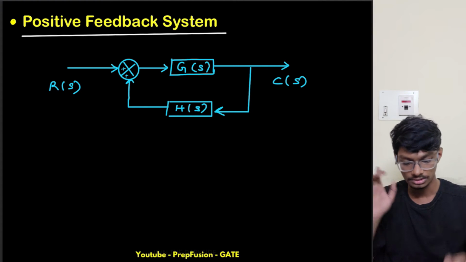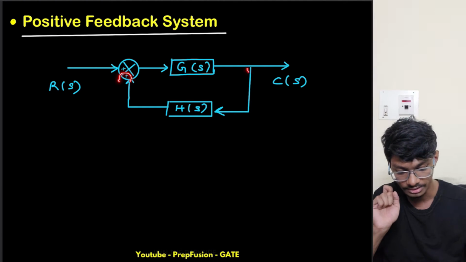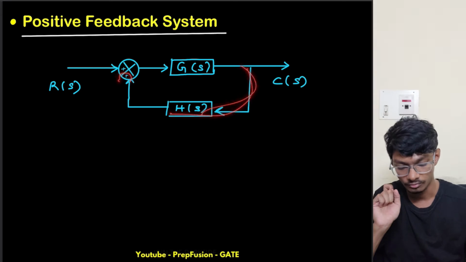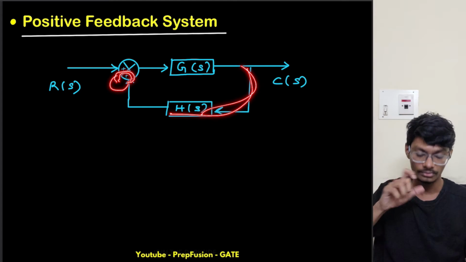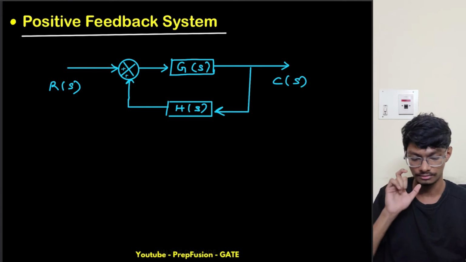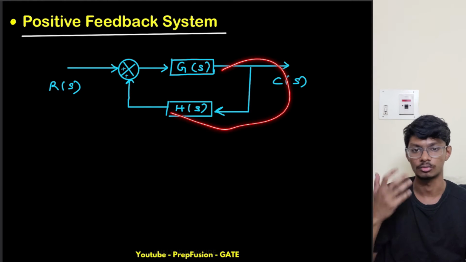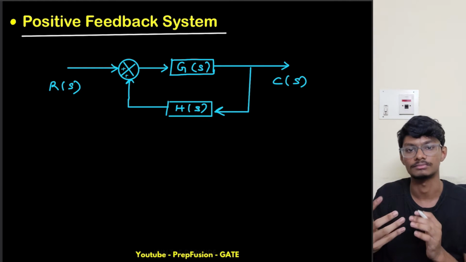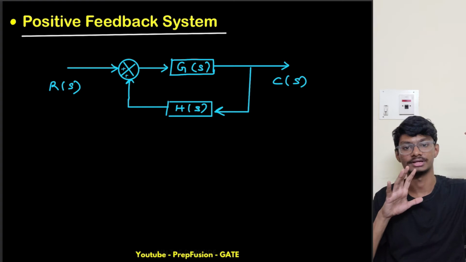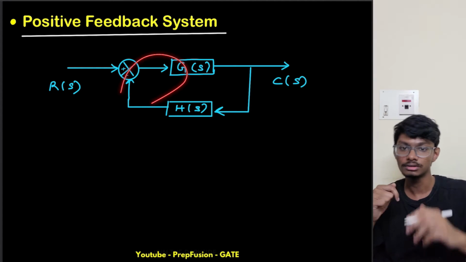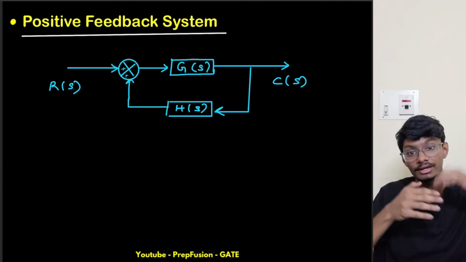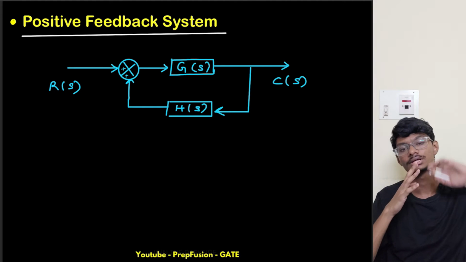Everything is the same here, just one thing: instead of subtracting the feedback from the output, we are adding the feedback. So what will happen this time? If the output tries to increase, this system will help it increase, and it will keep on increasing more and more.